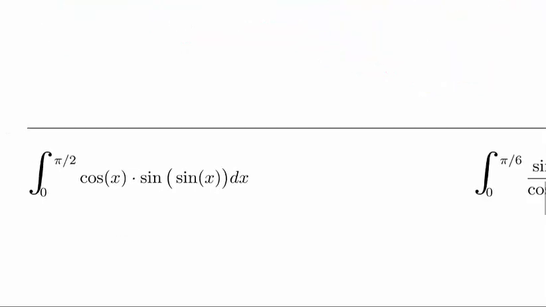So note what we have here. We've got a sine of x. So we're going to make that u substitution. U of sine of x, so that du equals cosine x dx.